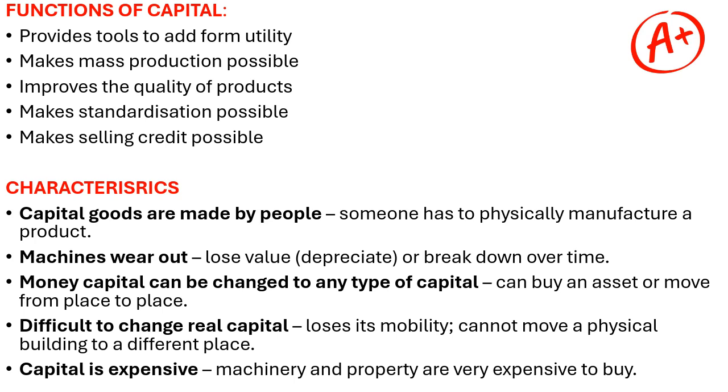Still together. Yes. And thirdly, the function of capital is that it improves the quality of products. Remember that when raw materials are extracted from nature, they must be processed and manufactured in order to be final goods and services that are ready for consumption.